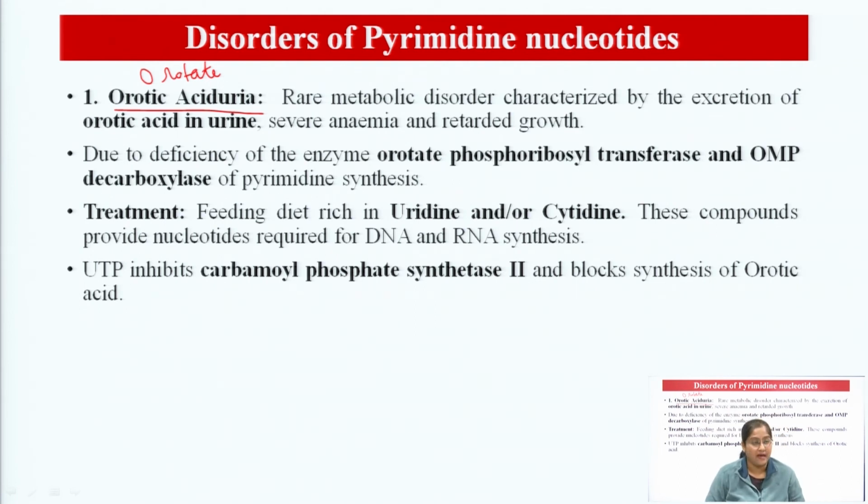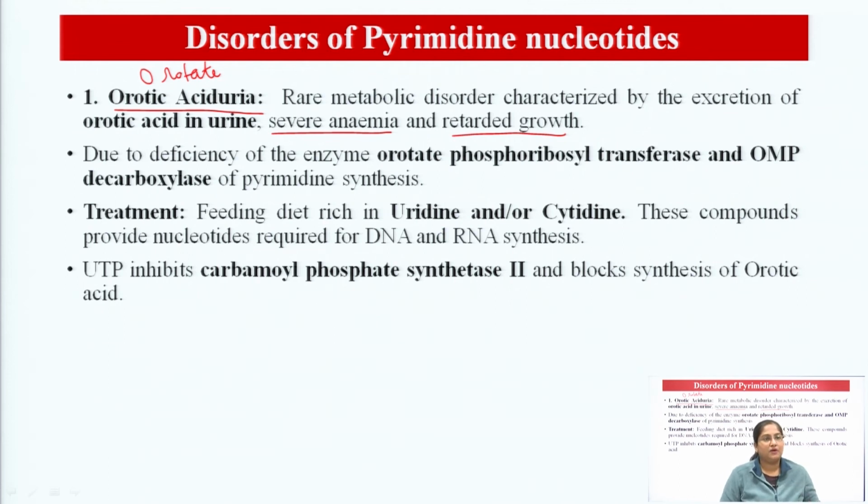It is a rare metabolic disorder characterized by the excretion of a huge amount of orotic acid in urine. A patient who has had orotic aciduria for long will show severe anemia and retarded growth.